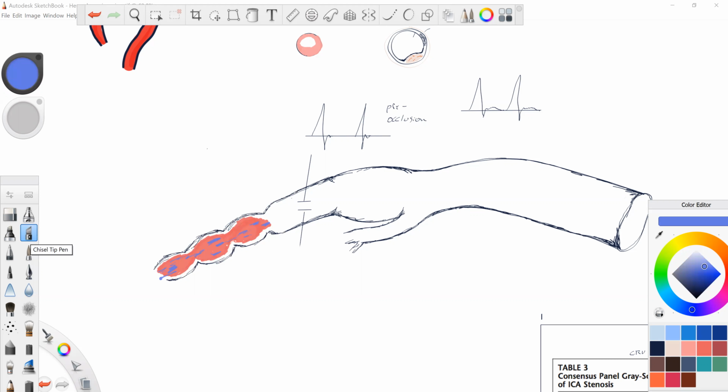This happens in the mid-ICA and also renal arteries, the two places that we see this, both on women. And this, of course, is fibromuscular dysplasia.